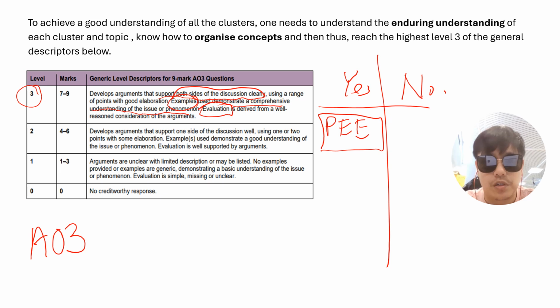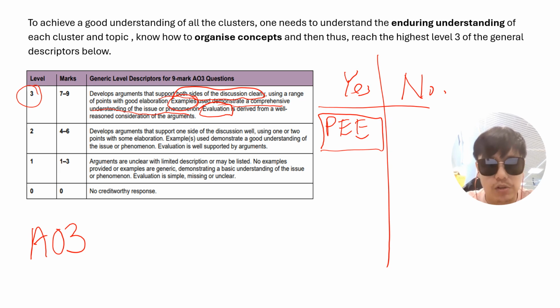most difficult questions in the paper. They are the questions that will actually ask you for your understanding of certain topics or clusters. And you have to showcase your understanding through these essays. And what does that mean?